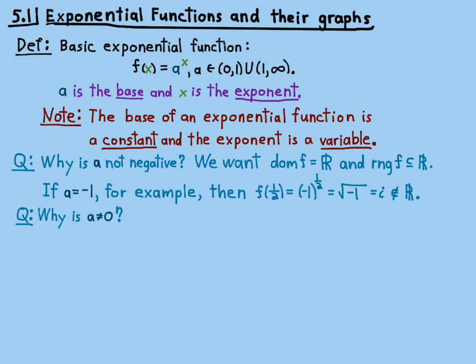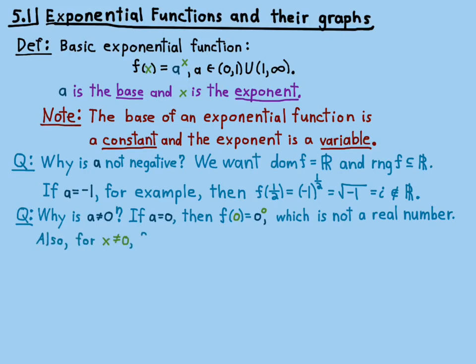Then why doesn't it allow a to be 0? Well, if a was 0, then f of 0 equals 0 to the 0, which is not a real number. That's what we call indeterminate. It's really bad. 0 to the 0 is worse than dividing by 0.